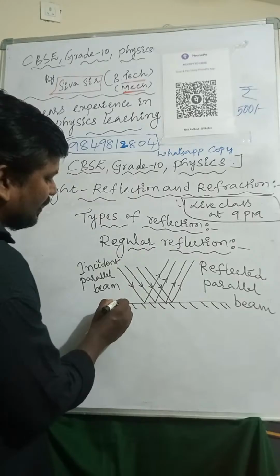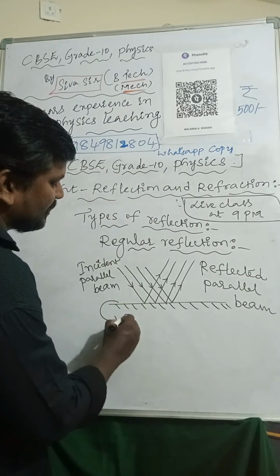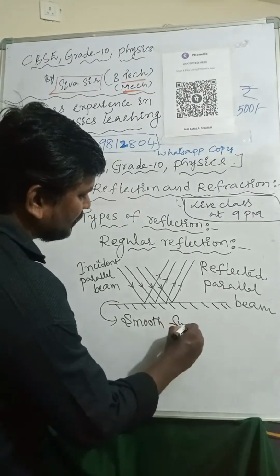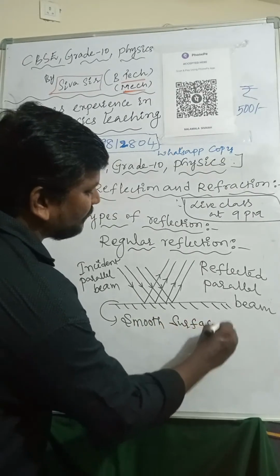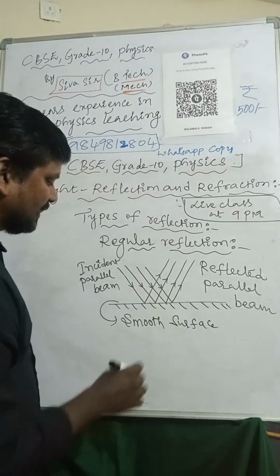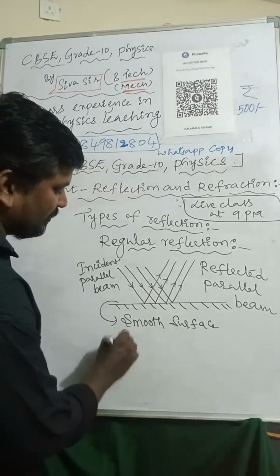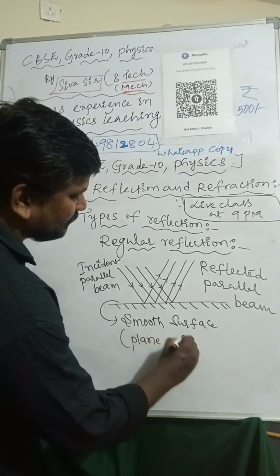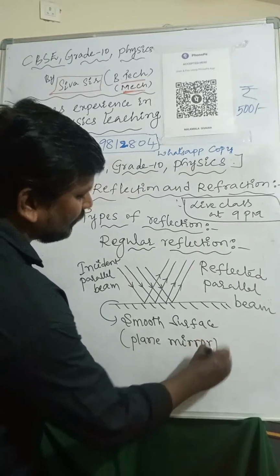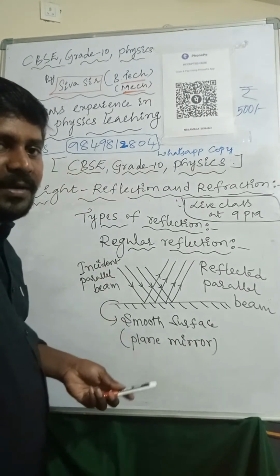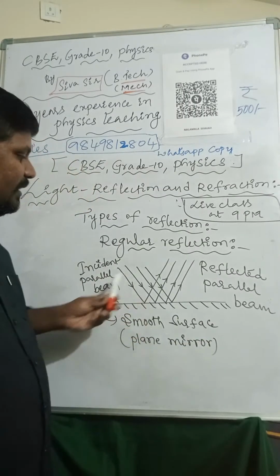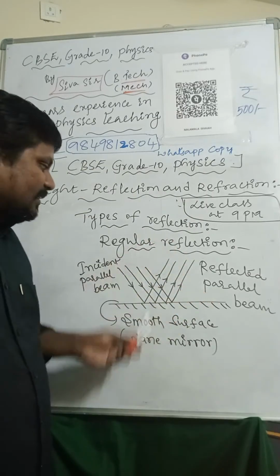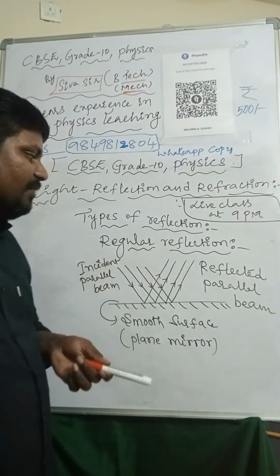Regular reflection takes place on a smooth surface. That smooth surface is, for example, a plane mirror.